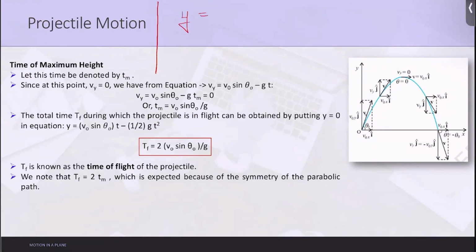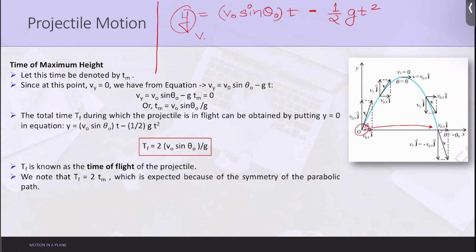So this was the same thing. Path of projectile in y form, that is v naught sine theta naught into t minus half gt square. Any equation which I am using directly was derived in the previous slides only. I am not using anything new, just simple kinematics equations. So what they are saying is, just put y equal to 0, because as you can see the displacement is 0 here, correct?